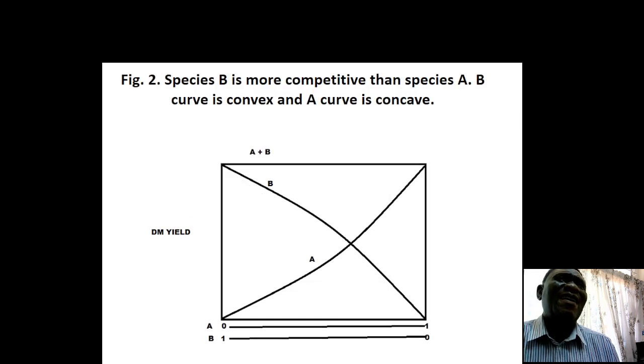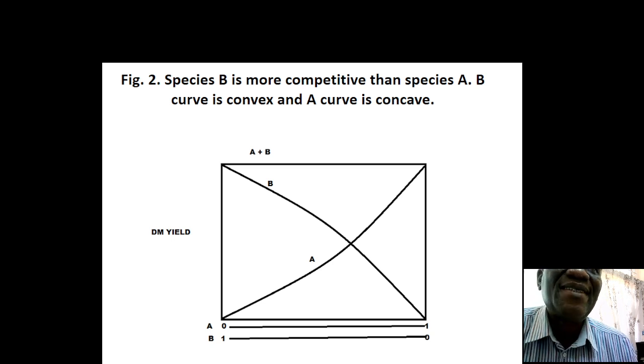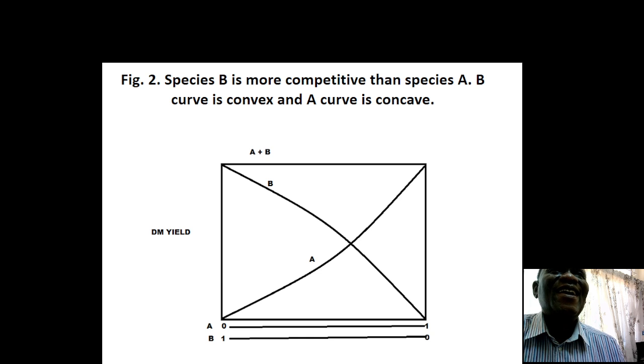But if there are differences, you will get A being curved downwards sometimes and B being curved upwards. So A has got what is known as a concave shape, B a convex shape.